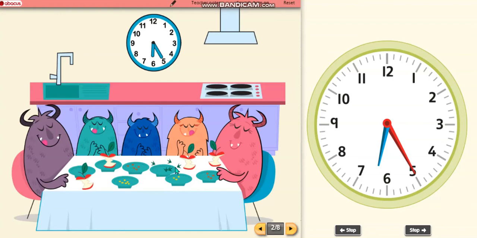Now after eating their dinner, ooh, look at this mess. Now mommy and daddy will have to clean the table or clean the dining room, and it will take them another 10 minutes. So let's all count in 5, 10. Okay, so 5 minutes, 10 minutes.